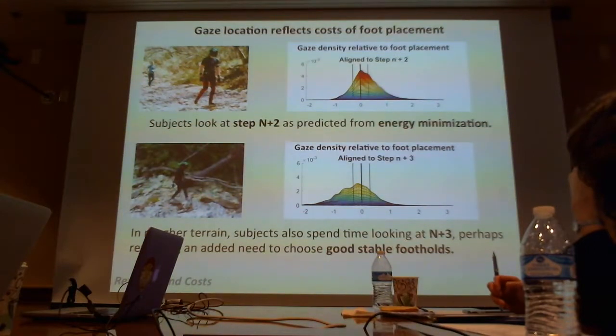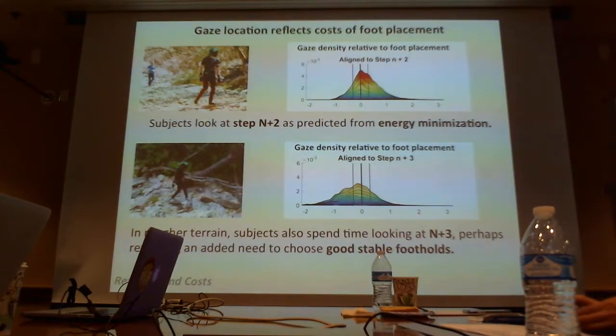And so the question then was, where do you look? Glibly gliding over a whole lot of data analysis, if we look at a medium kind of terrain there, this is where you're spending your gaze time, aligned to step n+2. So 0 is you're looking exactly n+2 steps ahead.